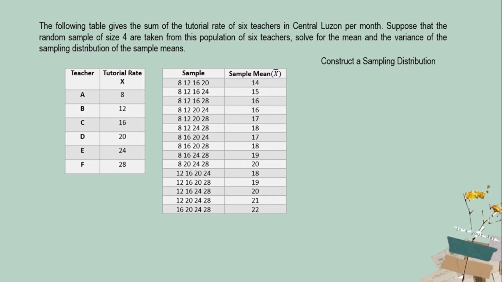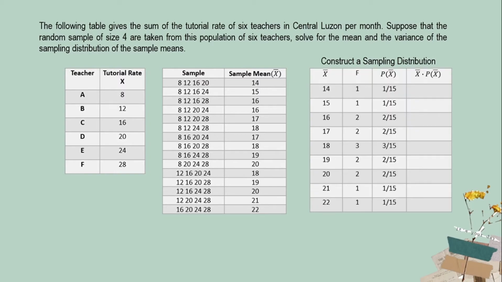Next, we're going to construct a sampling distribution. So dito sa sample mean natin, the frequency for 14 is 1 since 14 appeared only once. And then 15 also has a frequency of 1 since 15 only appeared once. 16 has a frequency of 2 since it appeared twice.